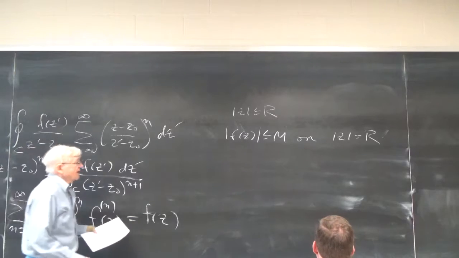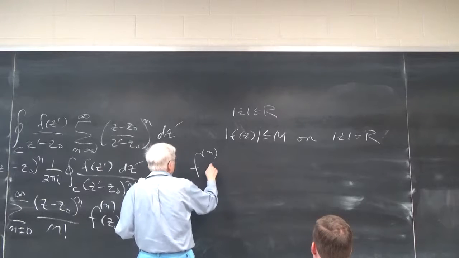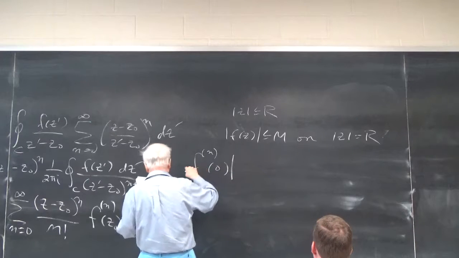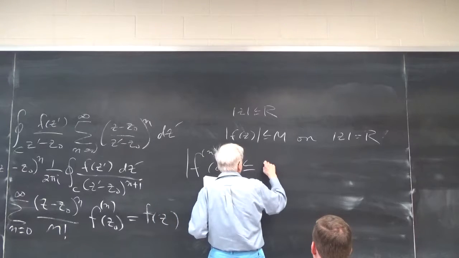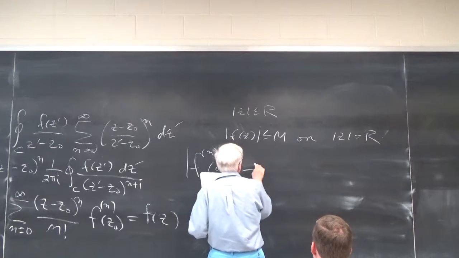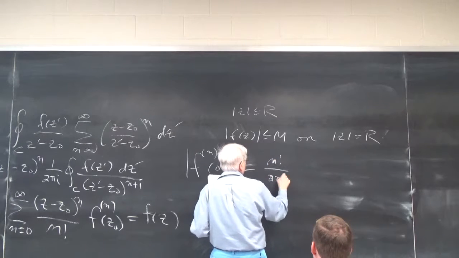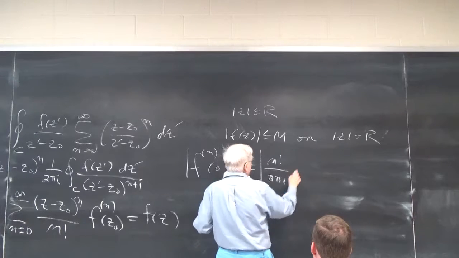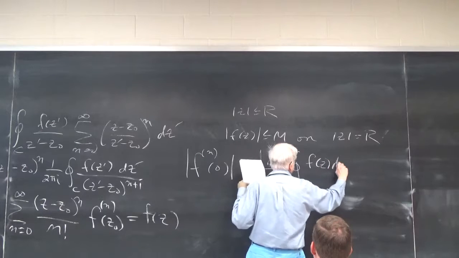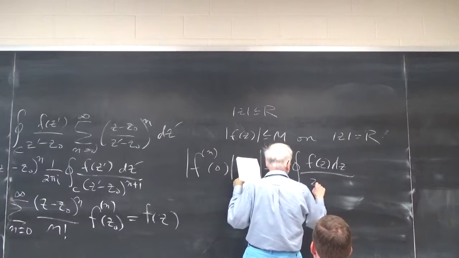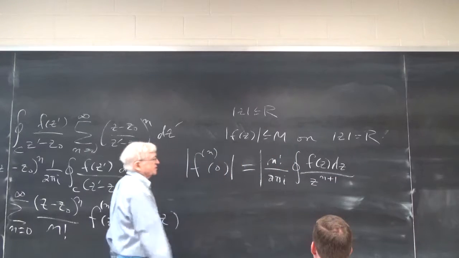And so then we can write Cauchy's integral formula for the nth derivative at the origin. If we take the absolute value of it, in fact, let me write it in two steps. It would be equal to n factorial over 2 pi i, the absolute value of the integral of f of z dz over z to the n plus 1, because in this case z0 is 0.